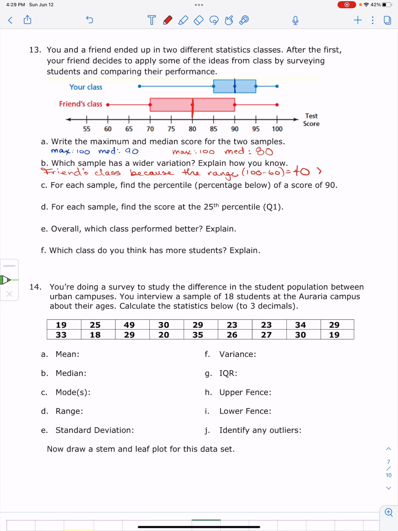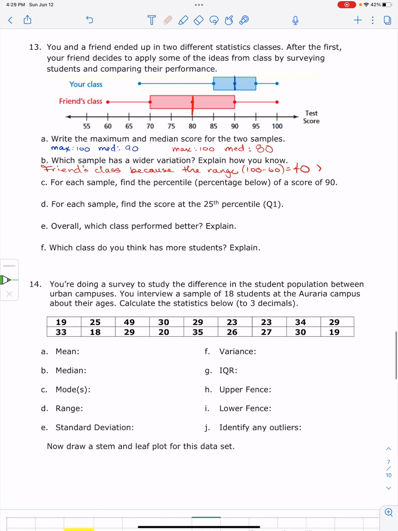And that is bigger than the range for your class, where if you go, what do we have, 100 minus 68-ish is 32.